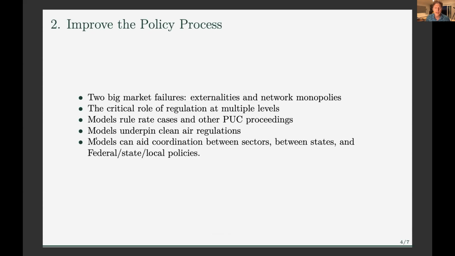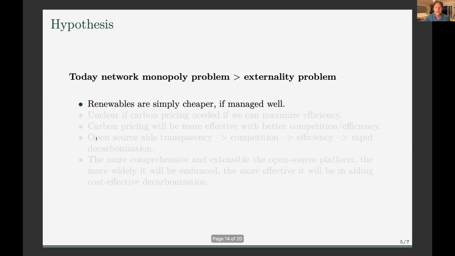So models can aid coordination between sectors, between states, between different regions, and between different levels of government, guiding policy at the international level, the federal level, state, and local individual utilities. And we're so far from that. I think it's conceivable that you could build credible models that help this process.